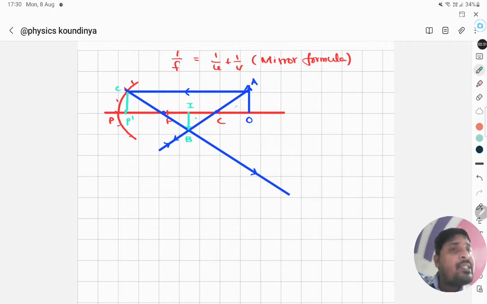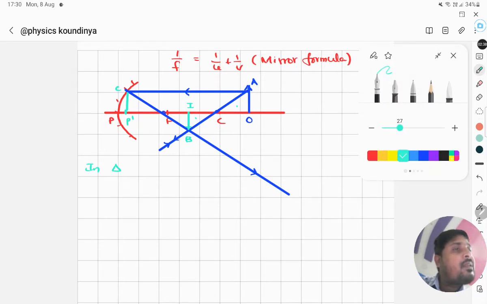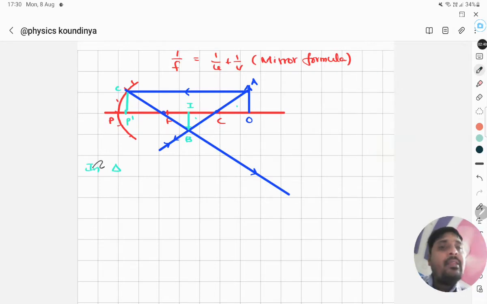So now I'm going to compare these two triangles. See, in triangle ACO and triangle CIB, can I say these two angles are each 90?